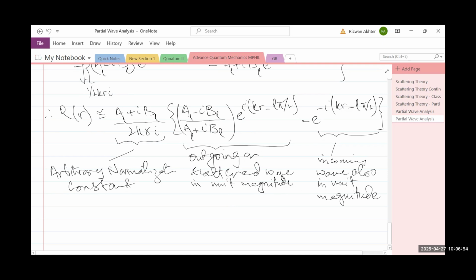Please keep this in mind. If we look carefully, it is interesting to note here that these are some sort of basis functions. So there are two bases for a scattering process. One basis for the scattering process is the incoming wave, and the other basis function is the outgoing wave. You know the properties of these basis functions, that is they are orthogonal, that is they obey the orthogonality condition, and they have unique eigenvalues.